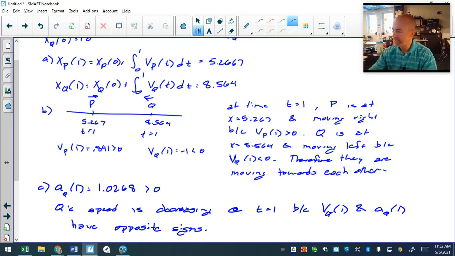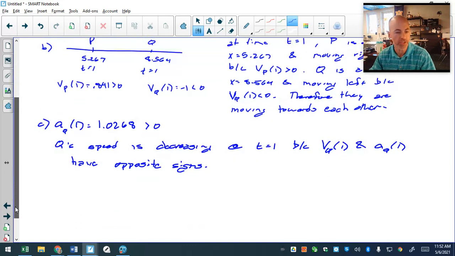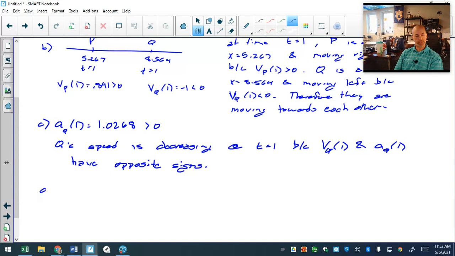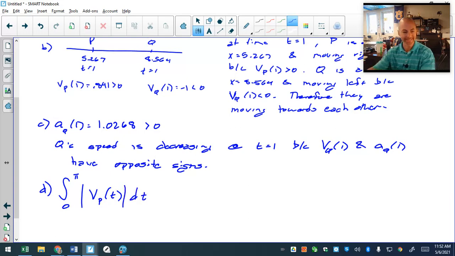And then number D, find the total distance traveled by P over the interval. Holy cow, these are all just memorized formulas and approaches. This is a nice question. Total distance in the world of AB is the integral from point A to point B of the absolute value of your velocity, and we are wanting particle P. Another one, we'll just throw this straight in the calculator.